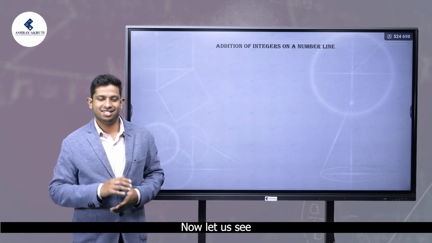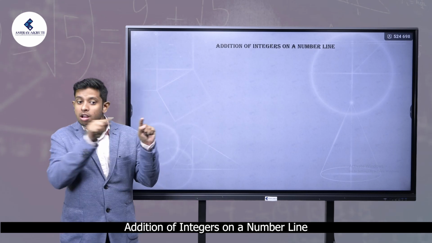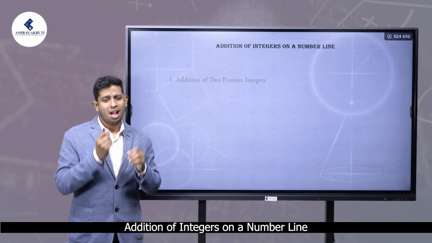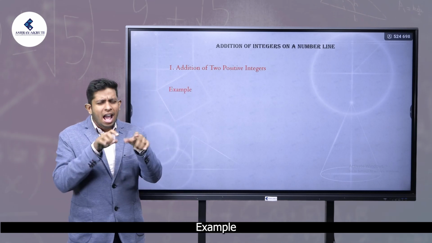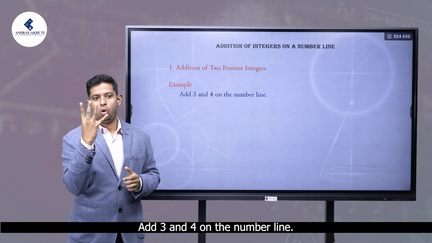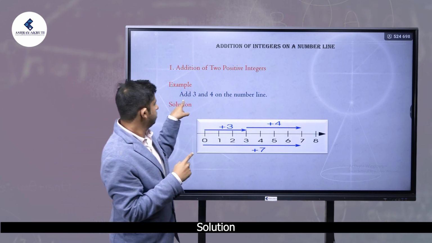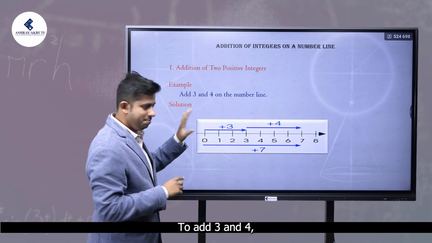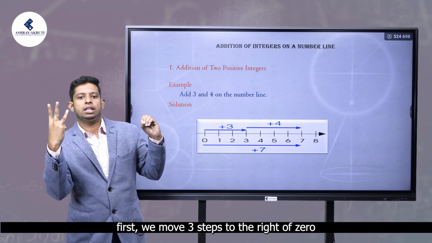Now let us see addition of integers on a number line. Addition of two positive integers. Example: add 3 and 4 on the number line. Solution: to add 3 and 4 on the number line, first we move 3 steps to the right of 0.